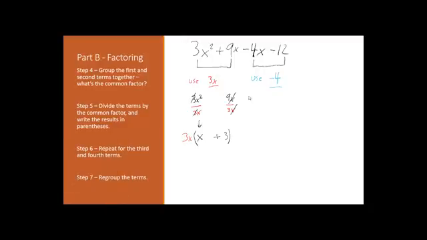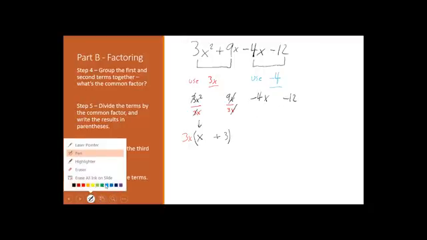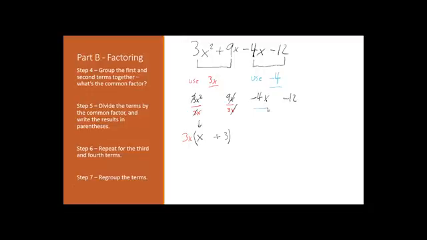So we're going to take the third term, negative 4x, and the fourth term, negative 12, and we will divide both of them by negative 4. So negative 4x divided by negative 4, negative 4 cancels out, and we will have just x left over.